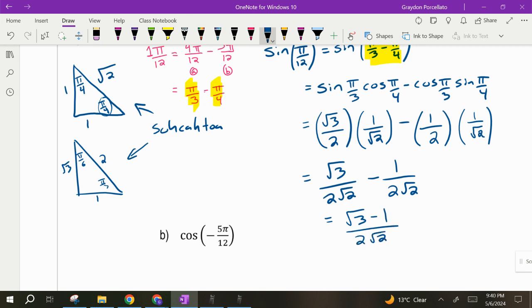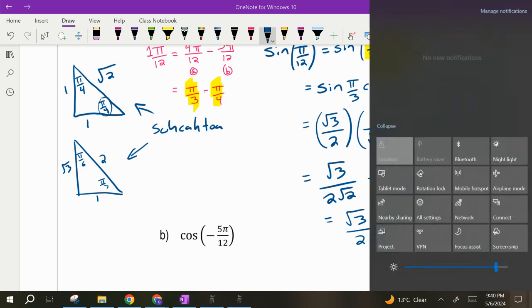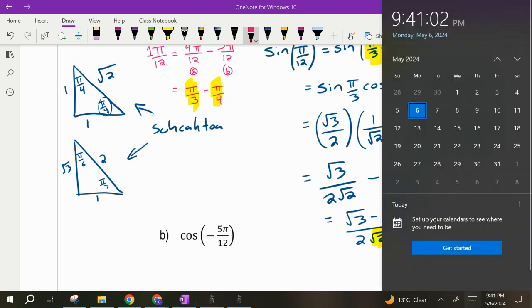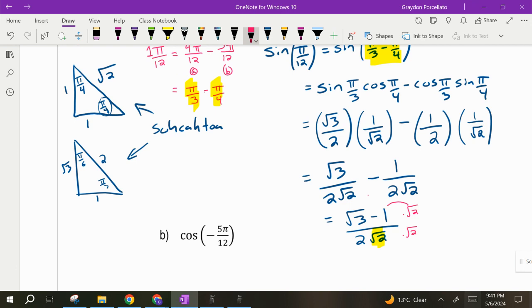Okay, now my last step here is I do not like to have a root on the bottom, because our denominator needs to be a whole number. So I'm going to multiply the top by root 2 and the bottom by root 2. Make sure this is being multiplied by both of your terms there.